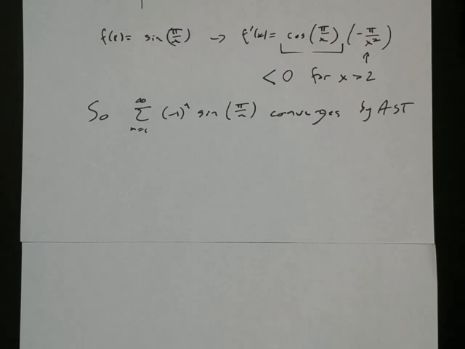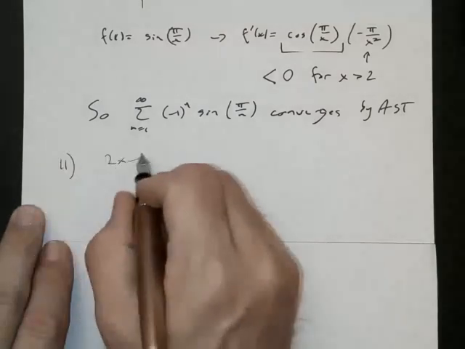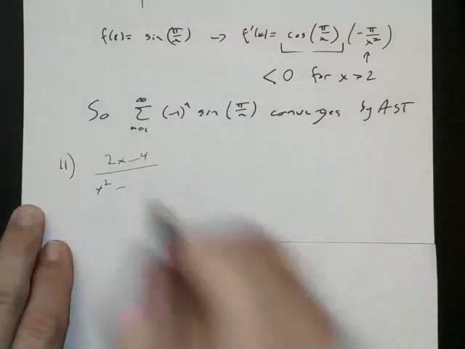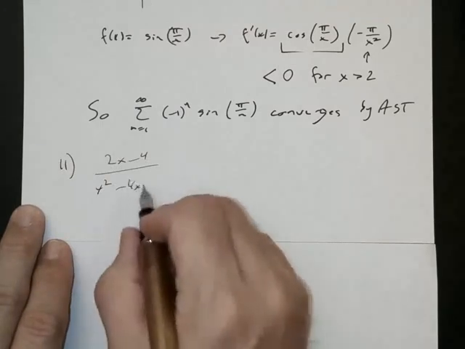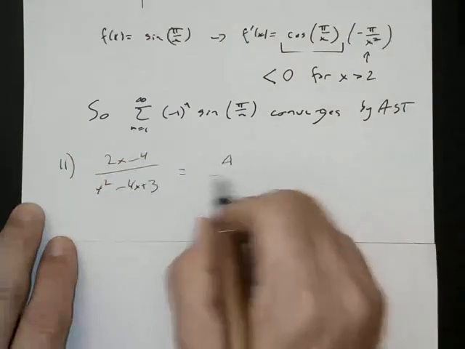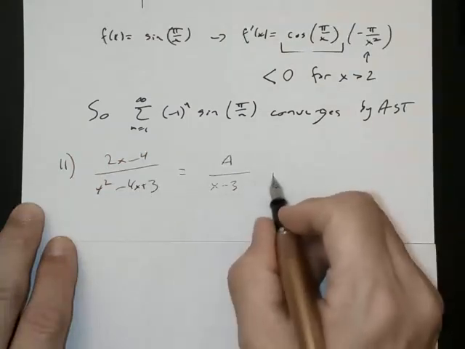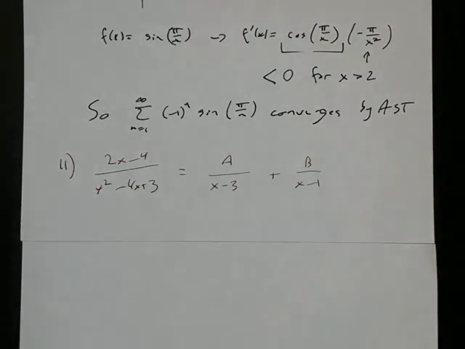So 2x minus 4 over x squared minus 4x plus 3. So that's going to be a over x minus 3 plus b over x minus 1 to factor the denominator.